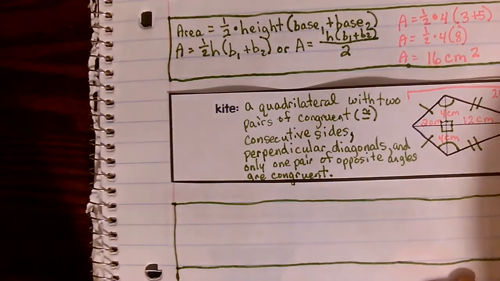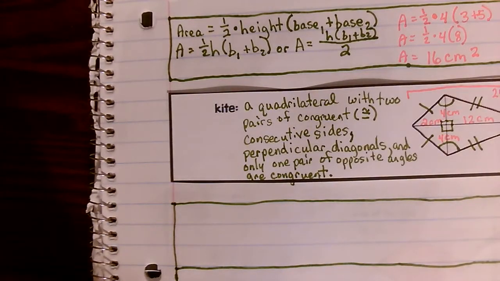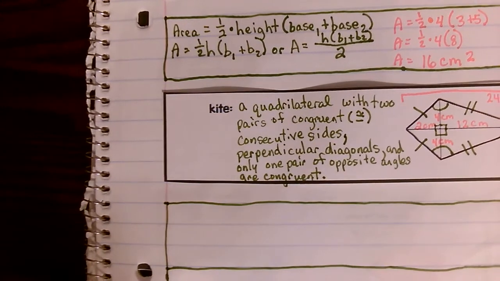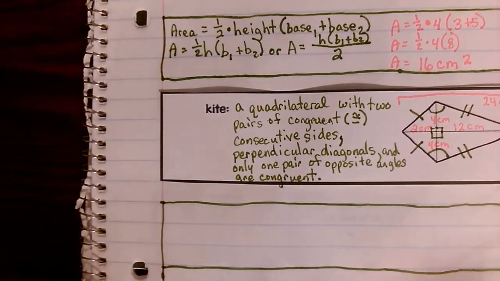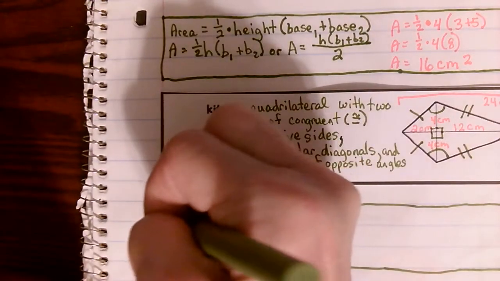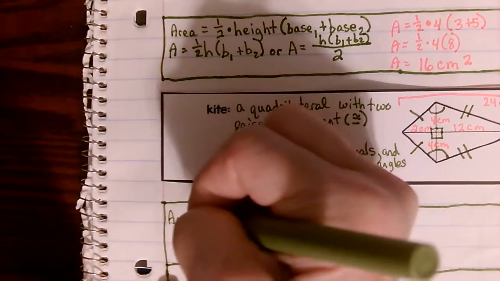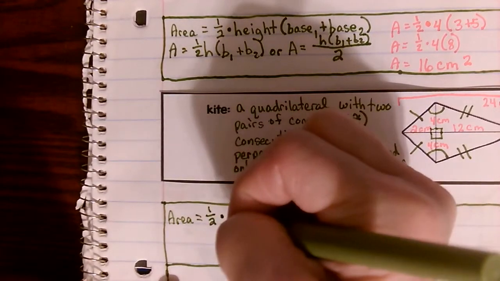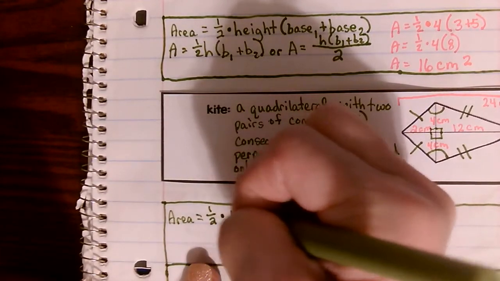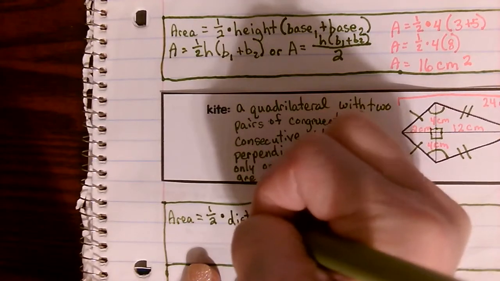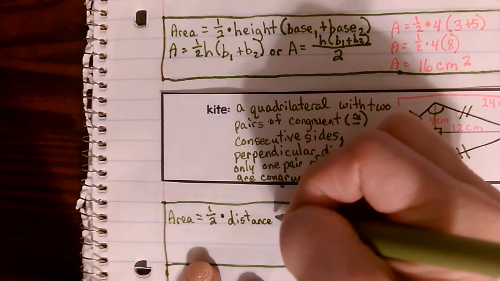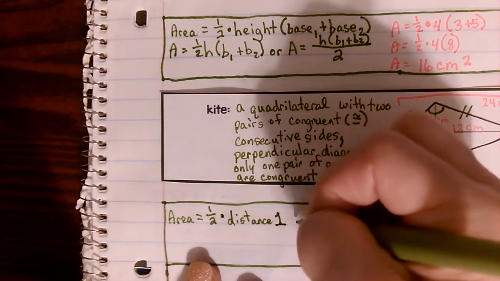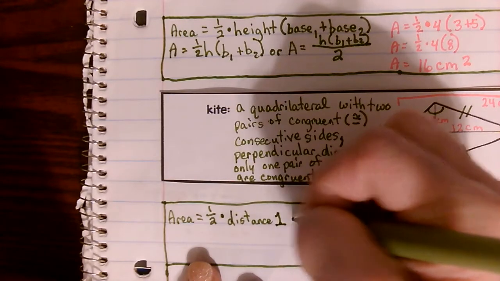Now let's talk about formula again, okay? So, in this one, area for the kite. Area equals 1/2 times distance 1 times distance 2.